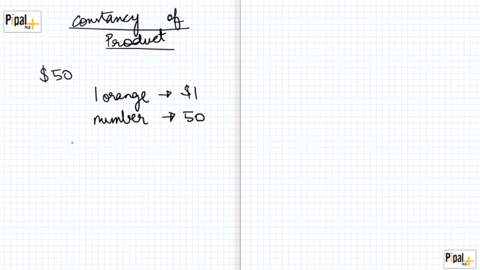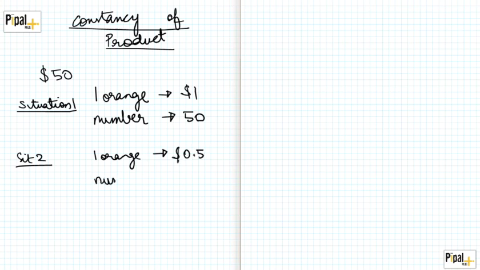However, this is one situation. If there were another situation such that one orange now costs half a dollar, in this case, the number of oranges that I can now buy increases to 100, right?